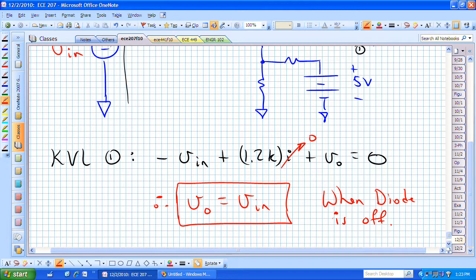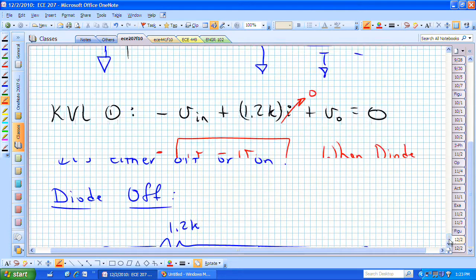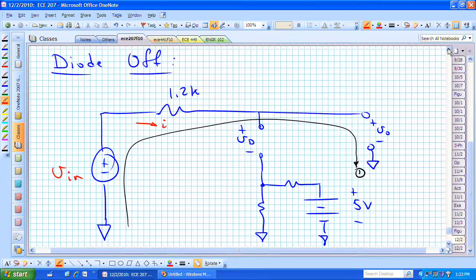So now that that diode is off, when is that diode off? That diode is going to be off as long as this particular voltage, let's say at node 2, is more positive than this voltage.